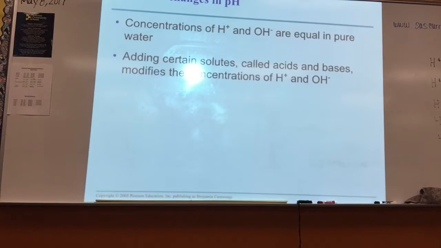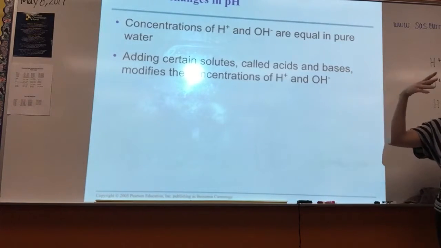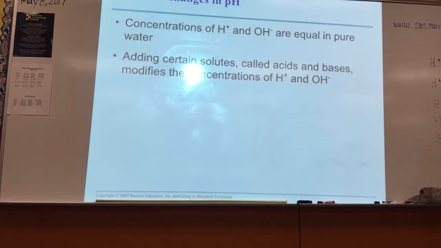Then if you add certain solutes, remember a solute is something that dissolves in water, called acids and bases, they can modify and change those concentrations. In pure water they're equal, but if you add something to change that, they can become unequal and therefore change the pH.